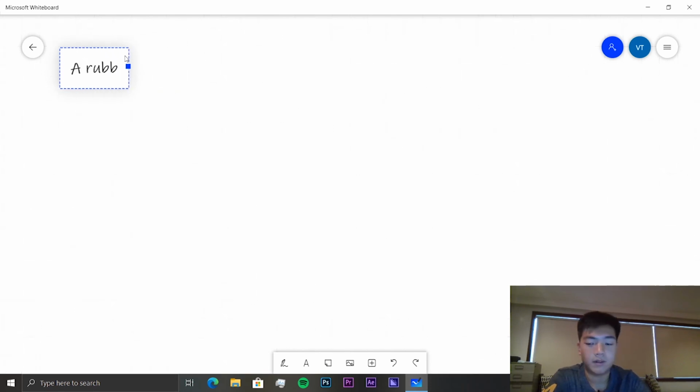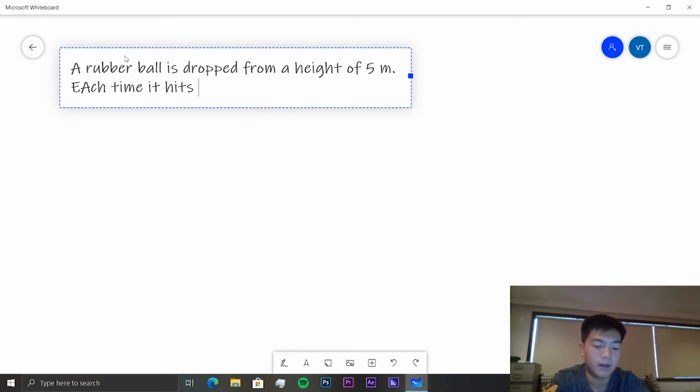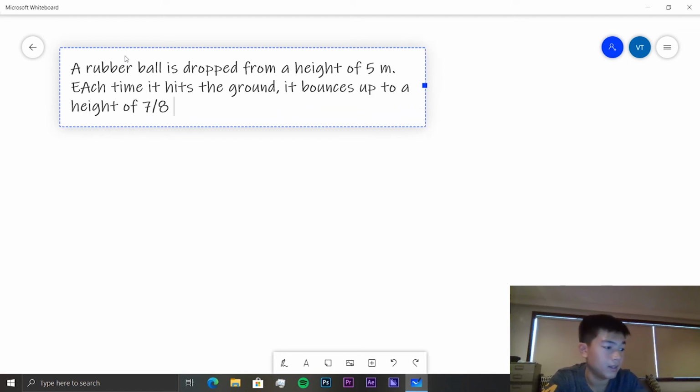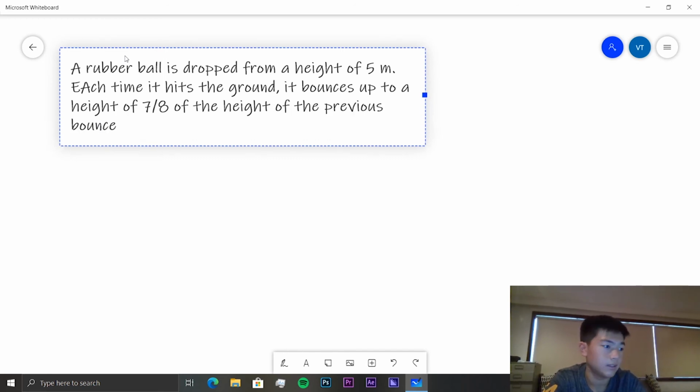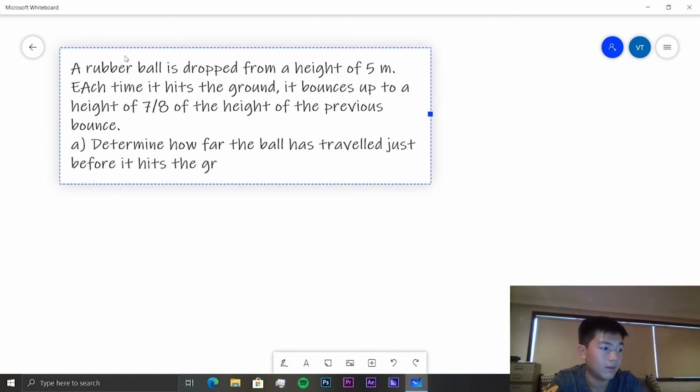So a rubber ball is dropped from a height of 5 meters. Each time it hits the ground, it bounces up to a height of 7/8 of the height of the previous bounce. Determine how far the ball has traveled just before it hits the ground for the third time.